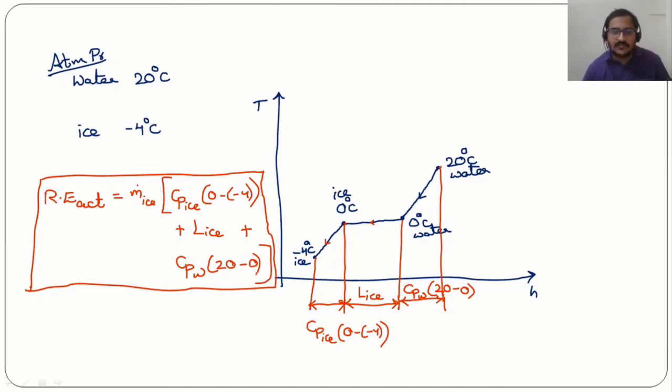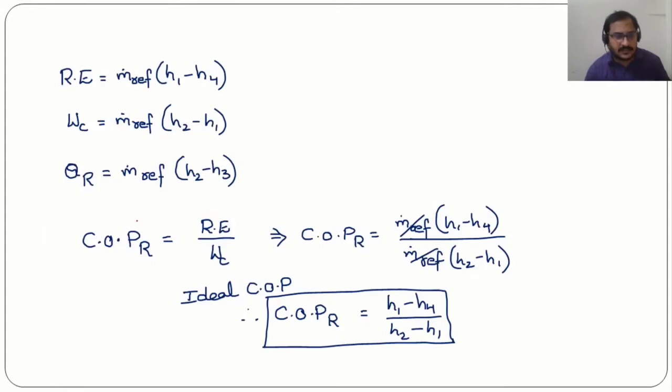Now the actual COP of the refrigerator will be equal to the actual refrigerating effect that we have got here divided by the work input we have given to the compressor. This work input we need to consider. The work input that we are giving to the compressor is the same.